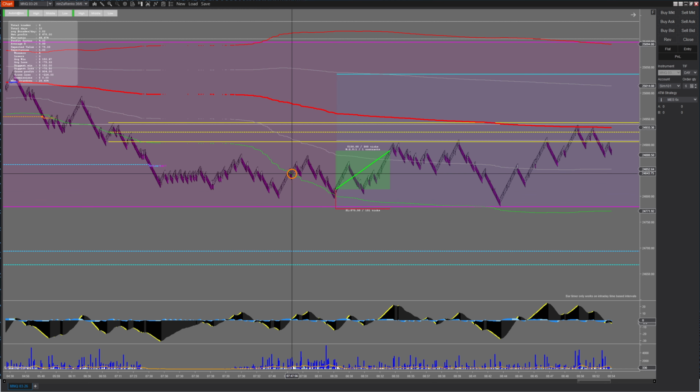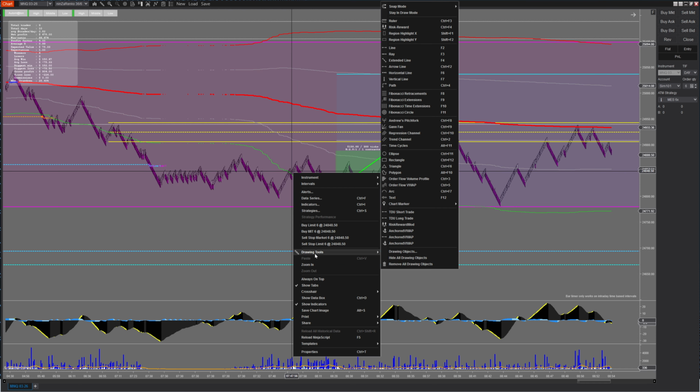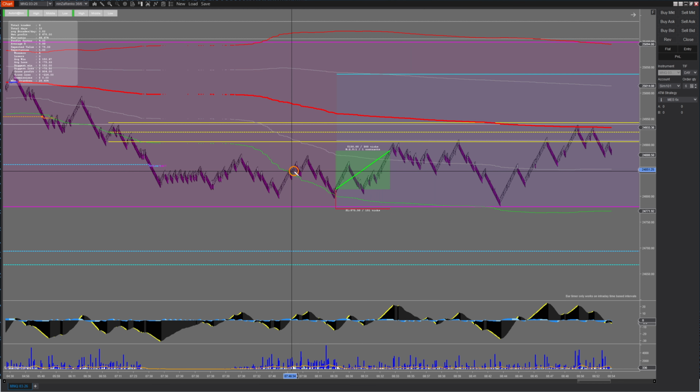So if you had taken it a little bit further in, this probably would not have worked. We can add this in. Let's do a long trade right here, targeting 300.